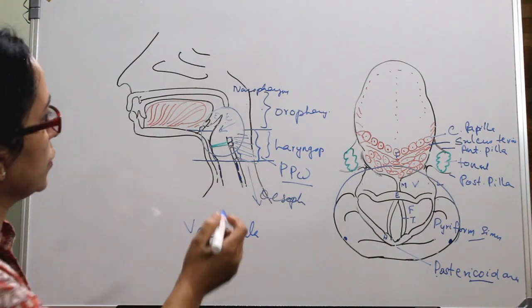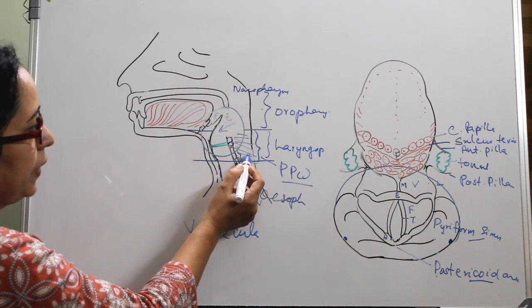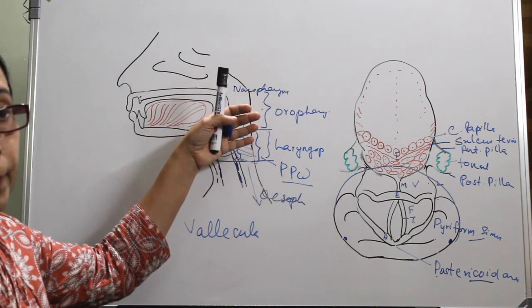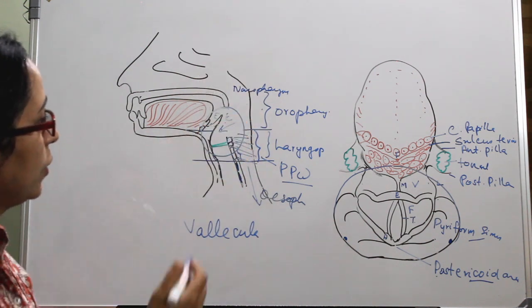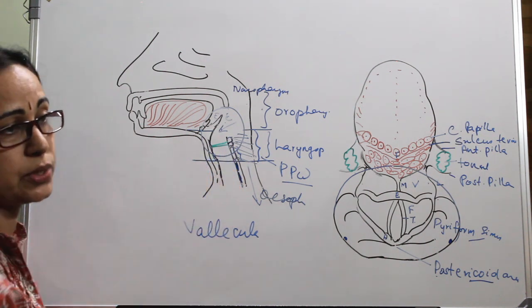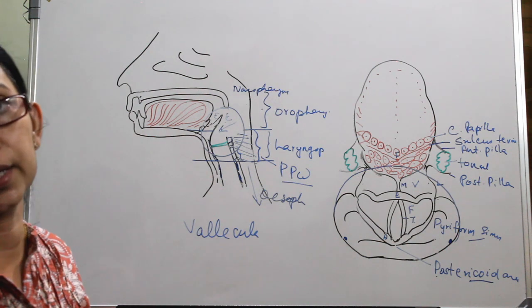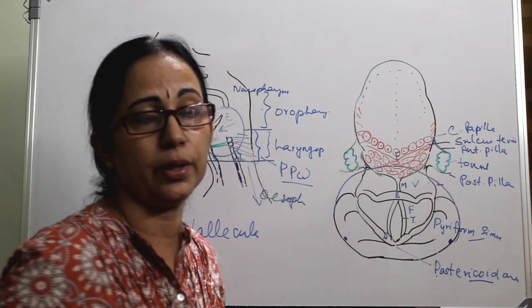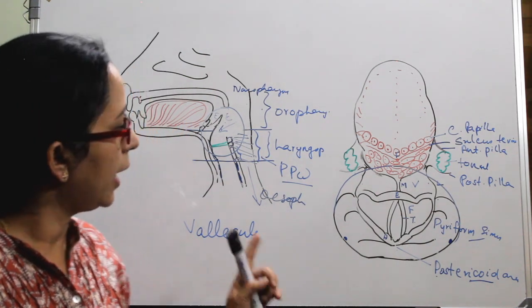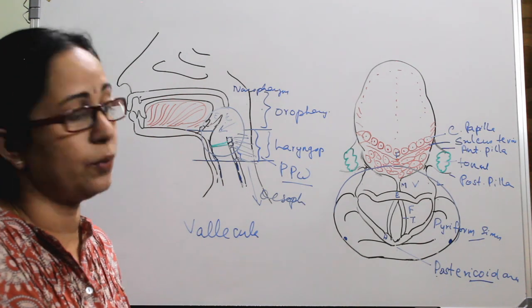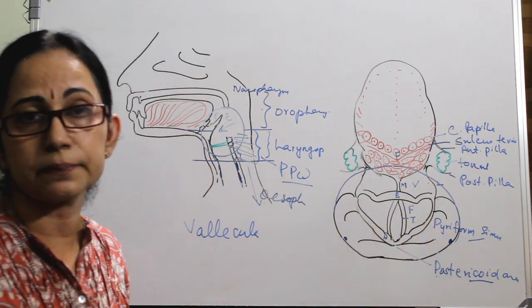So on the upper part of the anterior boundary of the hypopharynx is the laryngeal inlet, and on the lower part it is the posterior surface of the arytenoid and the posterior lamina of the cricoid cartilage. That part forms the postcricoid area. Clear? Another important subdivision of the hypopharynx is the pyriform sinus.